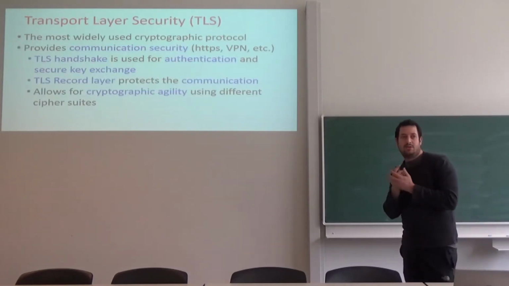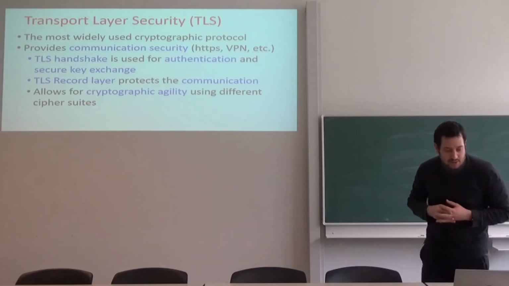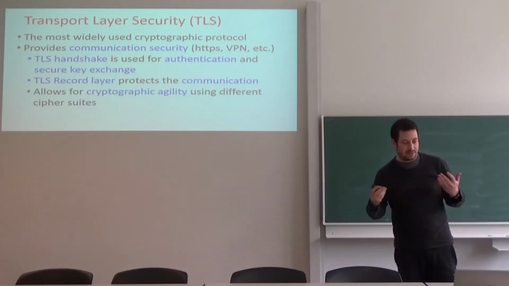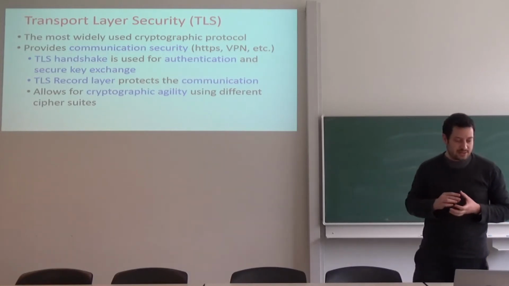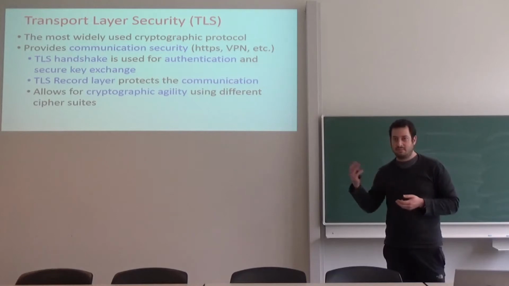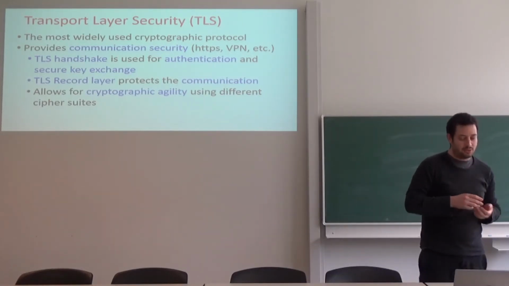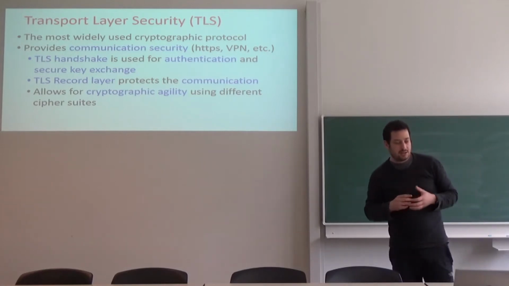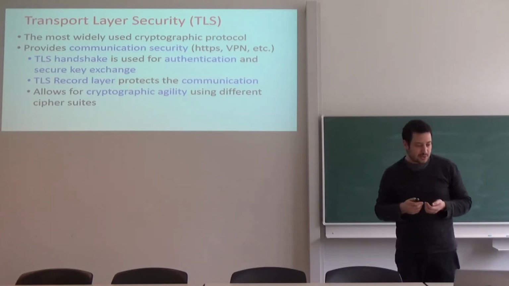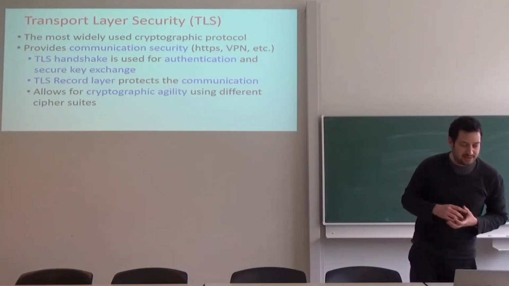Okay, so TLS, I'm not sure it really needs an introduction in this form, but it's currently the most widely used cryptographic protocol. It provides communication security for HTTPS, VPN, and many other usages. It has two main parts. The first one is the TLS handshake. The TLS handshake is the part that does the party authentication and the secure key exchange.